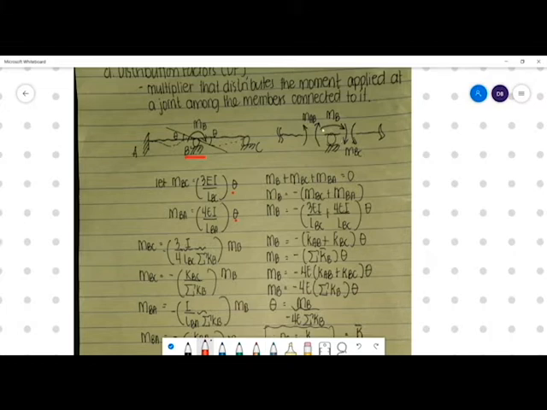So to be in equilibrium, we place a balancing moment, which we call MB. So MB plus MBC plus MBA is equal to 0. MB is equal to negative of MBC plus MBA. We put our MBC and MBA here, and we find that MB is equal to negative of KB plus KBC theta, which is also equal to the summation of K sub B, theta.